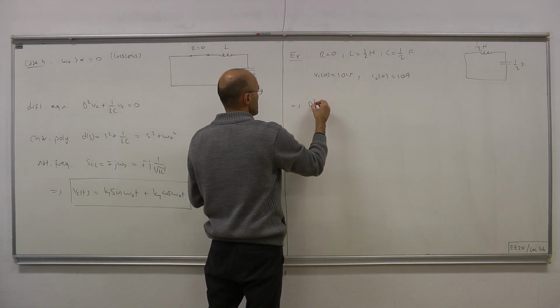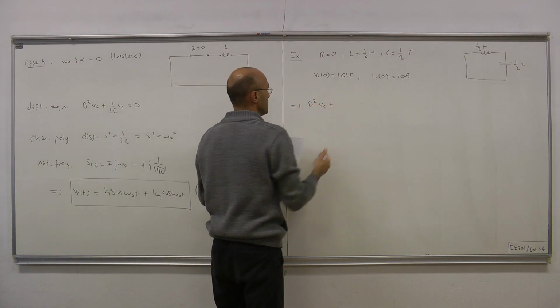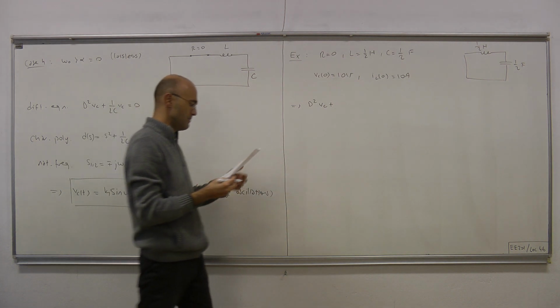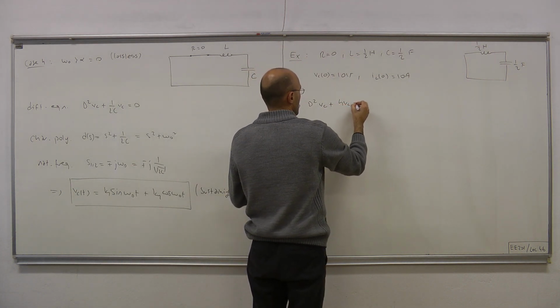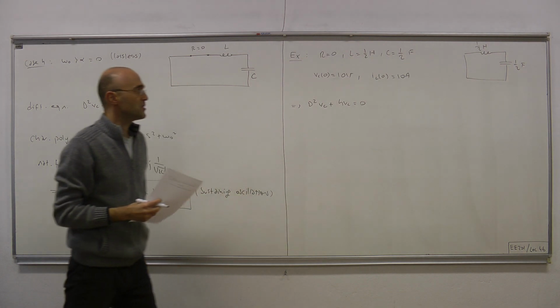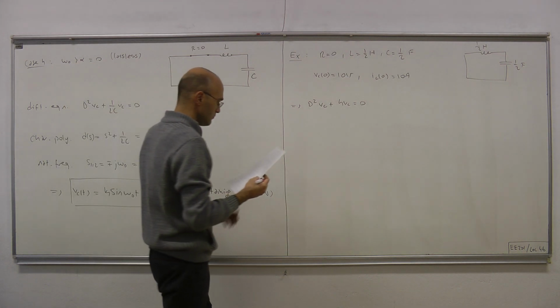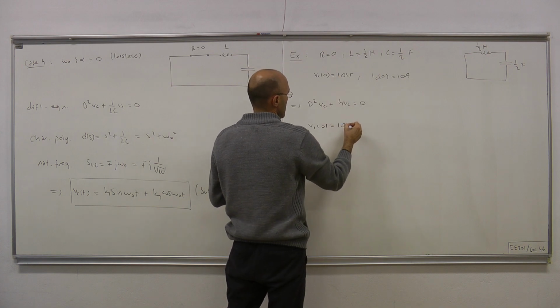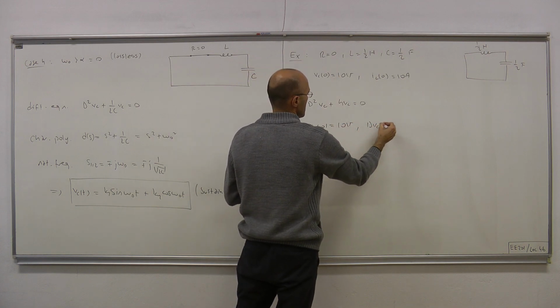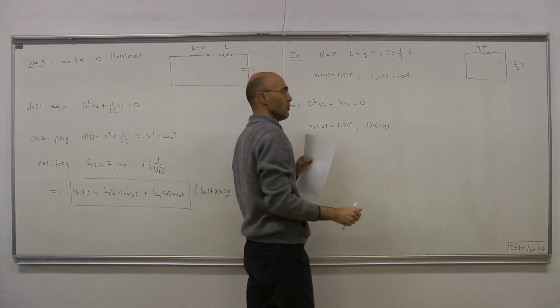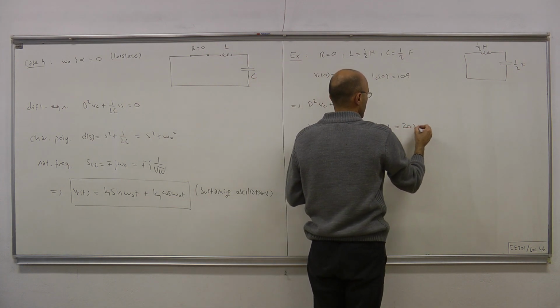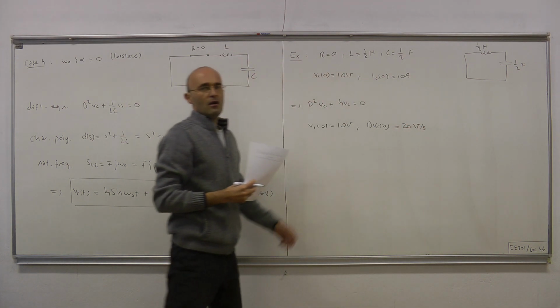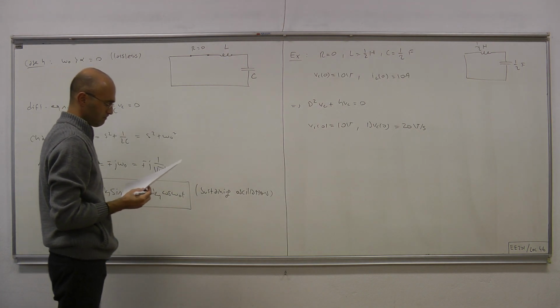The differential equation is d squared VC plus 1 over LC VC, which is 4 in this case, 4 VC equals 0. VC(0) is 10 volts and dVC(0) is 10 over 1/2, 20, with units volts per second.